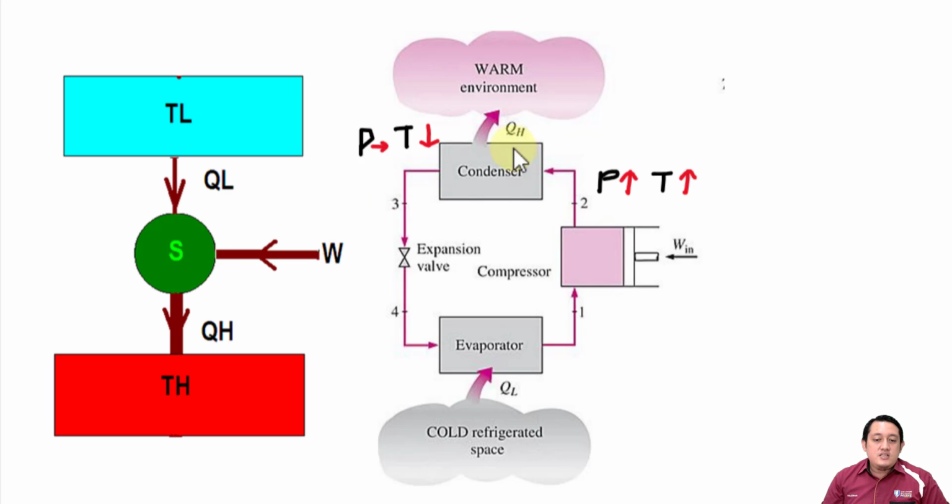This is where QH is released to the environment. When we want to change the phase from gas to liquid, we need to release the heat so that the gas can change to liquid. This is why QH is released to the outside.